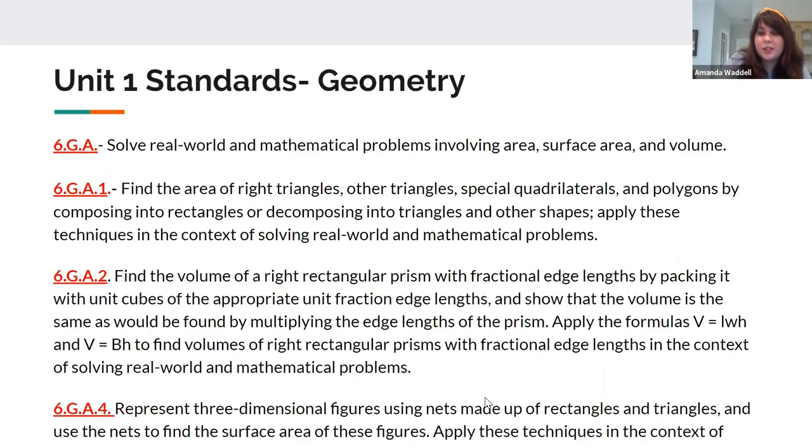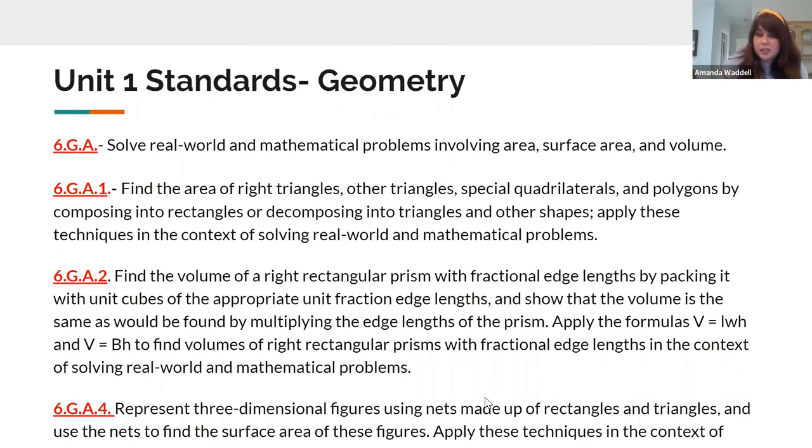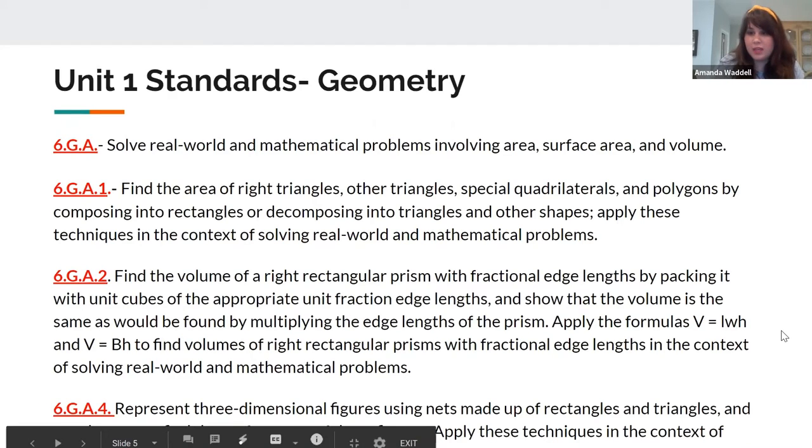So obviously area, surface area, volume. Standard 1 is area of right triangles, special quadrilaterals, decomposing, rearranging, and real world problems. So you see that, that's really area. Standard 2 is going to deal with volume of rectangular prisms with fractional edges. And if you look down at the unit cubes, it says packing it by unit cubes. This is something that I learned the hard way.